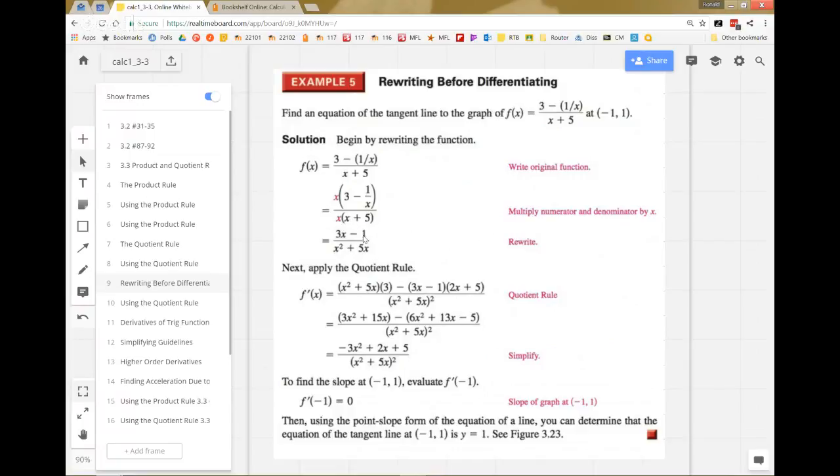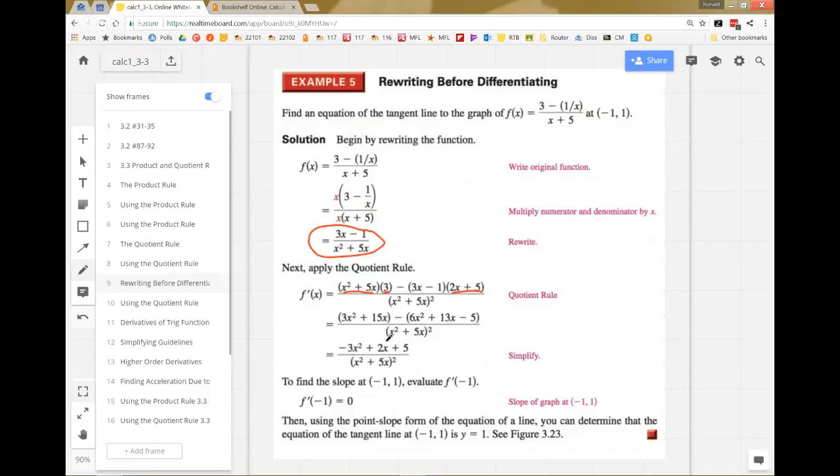All right, so now, using algebra, now we can execute the quotient rule. So now we pull out the quotient rule and say, denominator times derivative of numerator minus numerator times derivative of denominator.